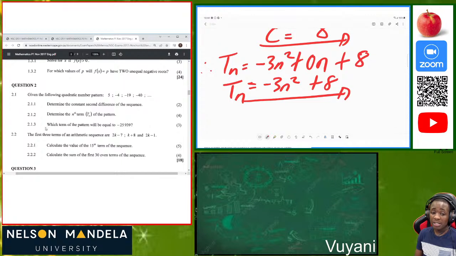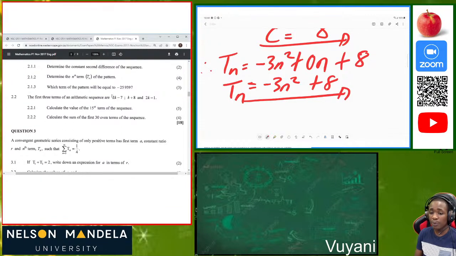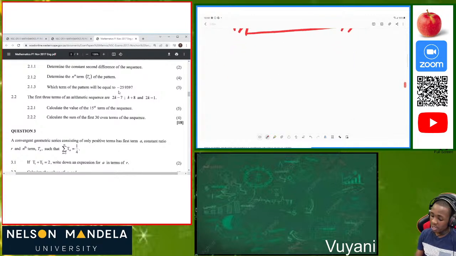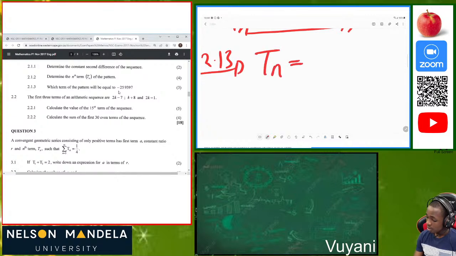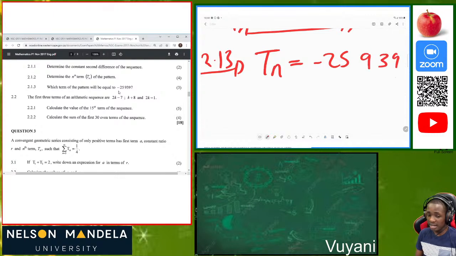Now the question is saying which term of the pattern will be equal to negative 25,939. So when you are given that question, don't worry yourself. They're already telling you that Tn is equal to negative 25,939. So what do you do when you're given this kind of instance?